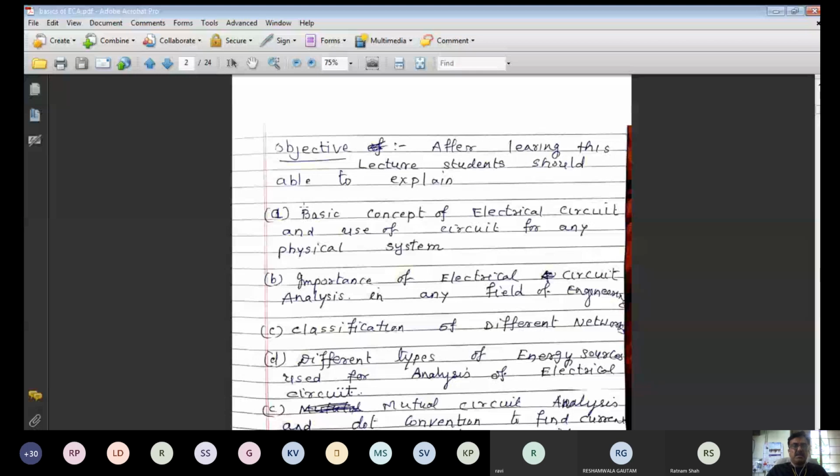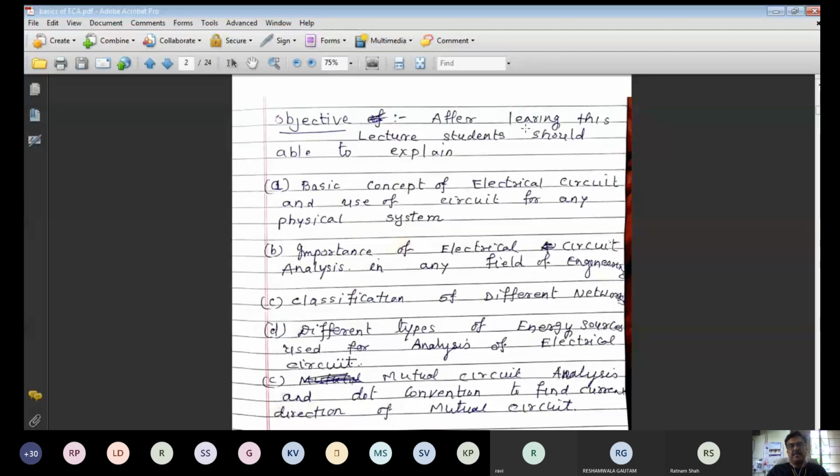The students can explain the basic concept of electrical circuits and the use of electrical circuits for any physical system, because any physical system has its electrical circuit. Suppose you have a mixer, so the mixer has its electrical circuit. Any physical system can be represented by an electrical circuit, and you can understand that fundamental concept with the help of this lecture.